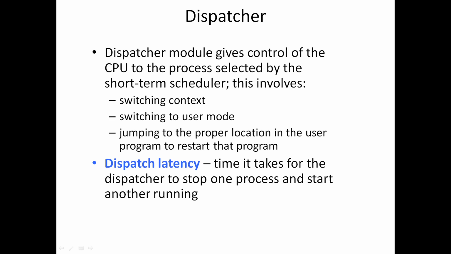Dispatch latency means the time it takes for the dispatcher to stop one process and start another process running. When we have a preemptive scheduling algorithm, the CPU will be allocated to the next process before the completion of the execution. In that case, we need to stop the process execution and start another process running. That in-between interval is called dispatch latency.